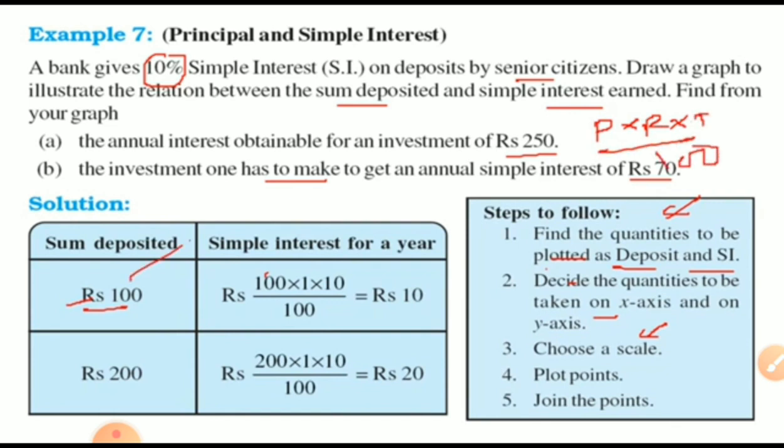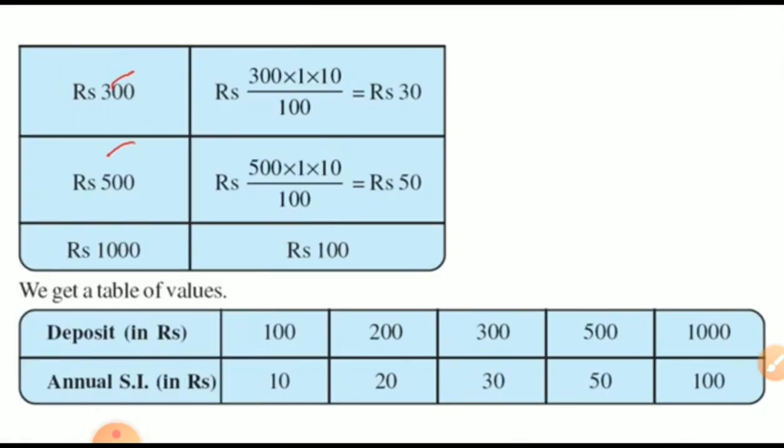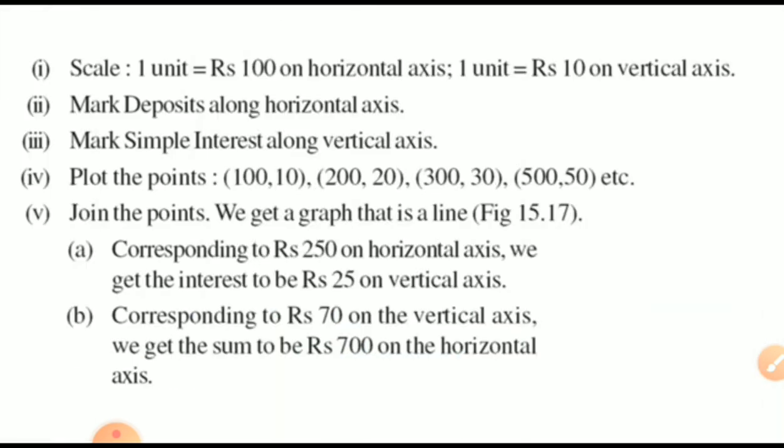PRT upon 100. The table is here for all the values: 100, 200, 300, 500 and 1000. According to that you are preparing a graph.